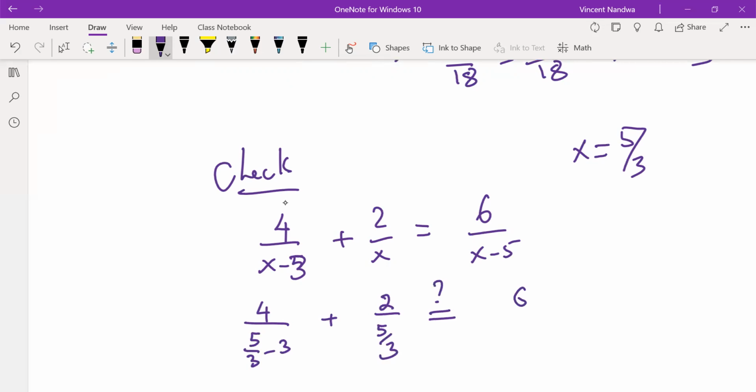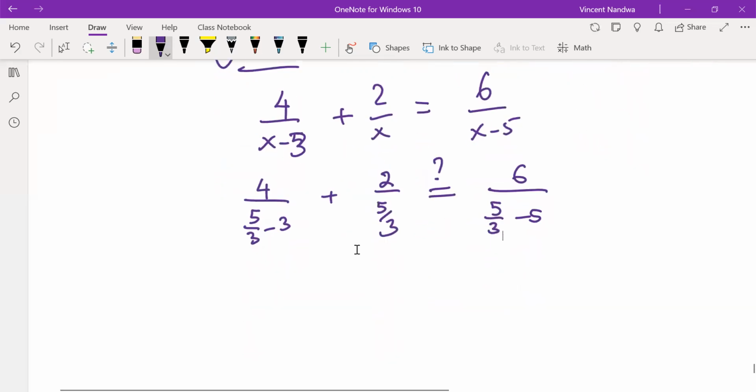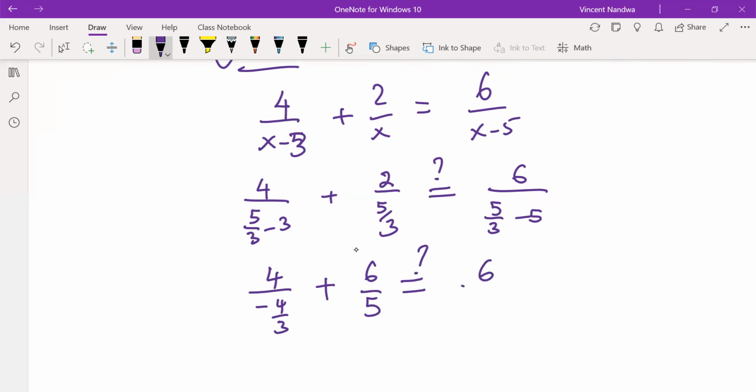We check whether it's 6 over (5 over 3 minus 5). Now 5 over 3 minus 3 gives us minus 4 over 3. So we'll have 4 over minus 4 over 3 plus 2 divided by 5 over 3, which gives you 6 over 5. So we check whether this is the same as 6 over (5 over 3 minus 5), which is minus 10 over 3.